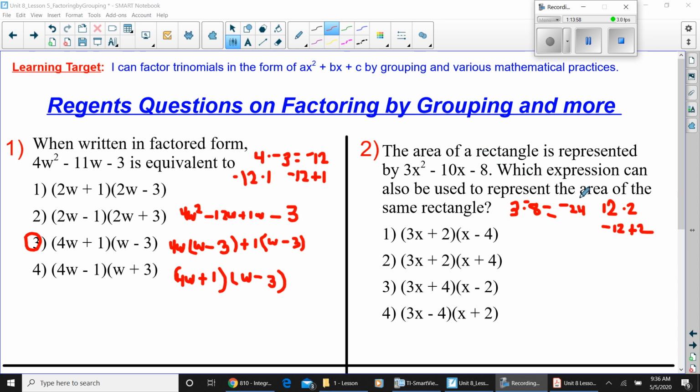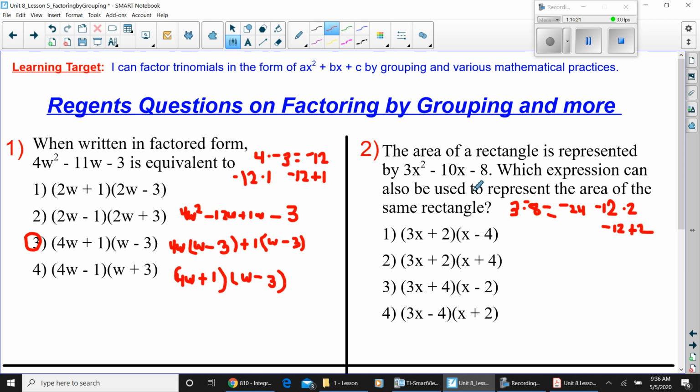3 times negative 8 is negative 24. Now I have to look for two factors that multiply to negative 24 and make negative 10 when you add them. So 12 and 2. 12 times 2 is 24. Negative, so a negative and a positive would make a negative.